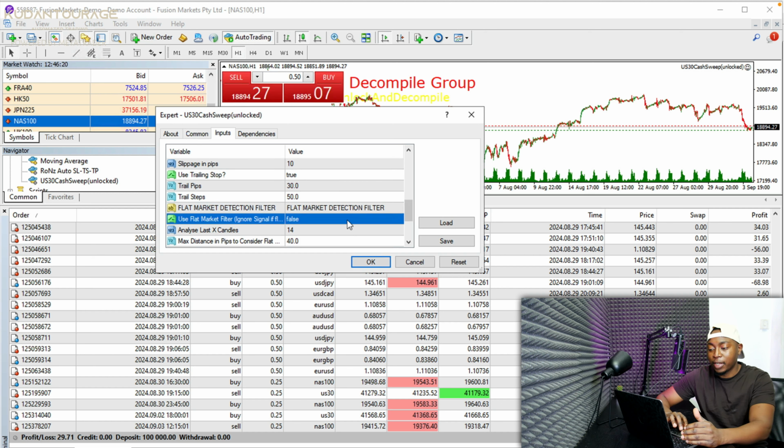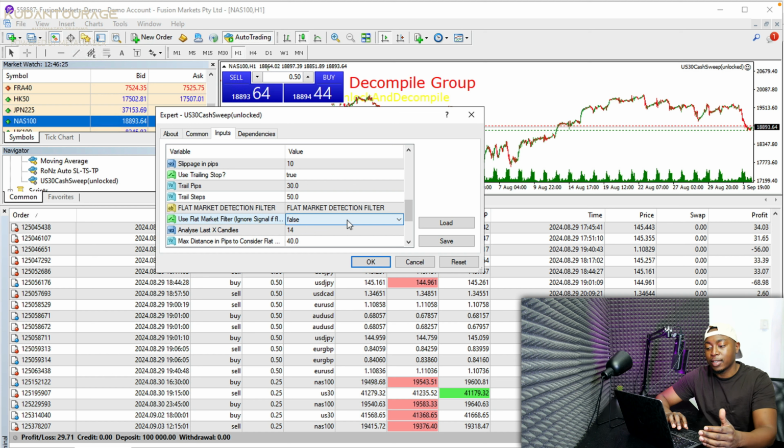Now it's actually got a flat market detector. You can put true or false. What this actually does is it detects if the market is flat. What do I mean by that? For example, if the market is really flat, you obviously don't want to be opening trades all the time, because then you're not going to be able to hit your pip target if the market is not really fluctuating that much.